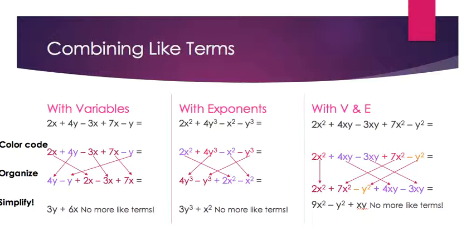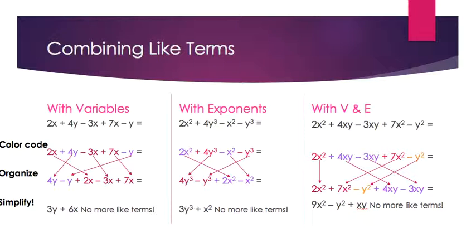So for example, under this first example all the way on the left-hand side, I have a 2x plus 4y minus 3x plus 7x minus y. Notice how that first 2x I reorganize and keep with a positive sign in front of it because it is in fact a positive number. Plus 4y stays positive. Minus 3x travels as a minus 3x, and so on and so forth.